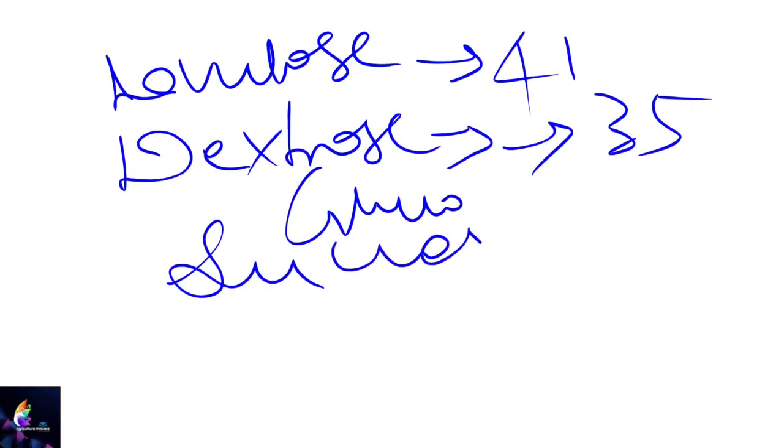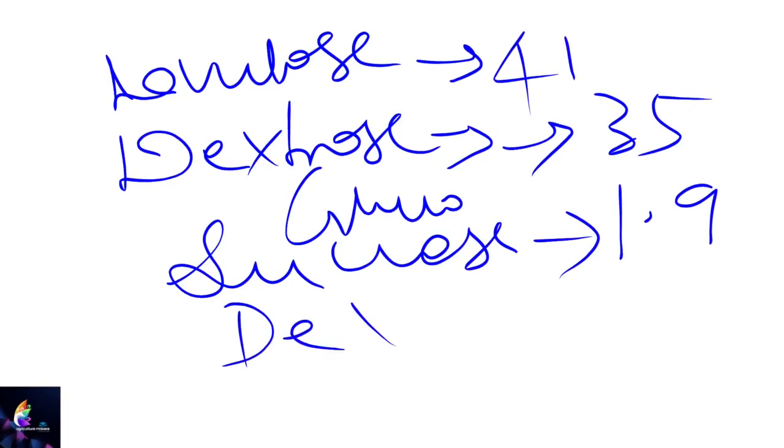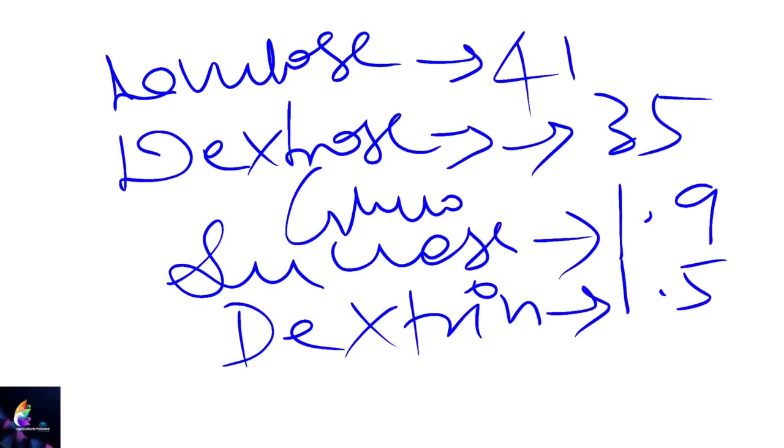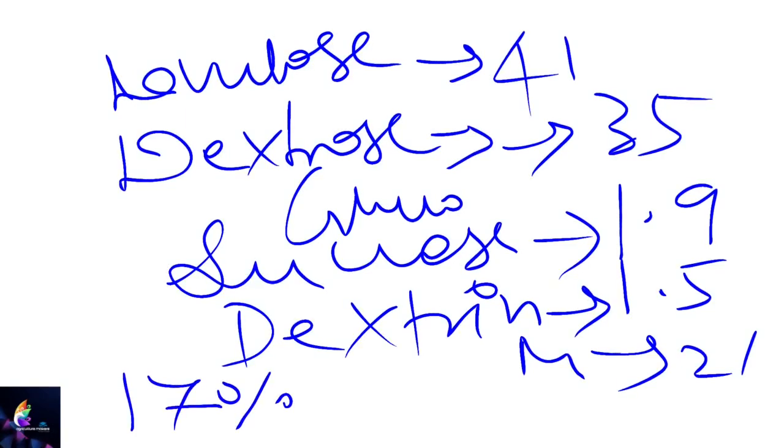Sucrose is very less, 1.9 percentage, and then dextrins, 1.5 percentage, and then minerals, 2 percentage, and then water, 17 percentage. These are all the compositions of fully ripened honey. Levulose in the sense your fructose, and dextrose in the sense your glucose. Sucrose is only 1.9% because it is converted into levulose and dextrose by the enzyme invertase, which is secreted by the salivary gland of the honeybee.